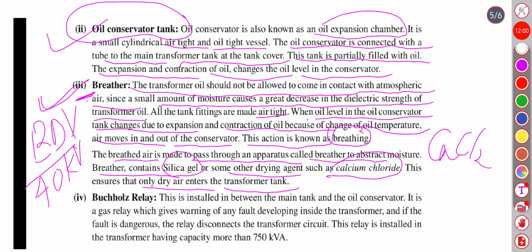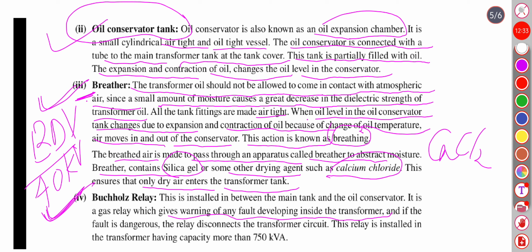Now, last but not least, Buchholz relay. It is a most important part in the power transformer and distribution transformer also. This is installed in between the main tank and the oil conservator. It is a gas relay which gives warning of any fault developing inside the transformer.